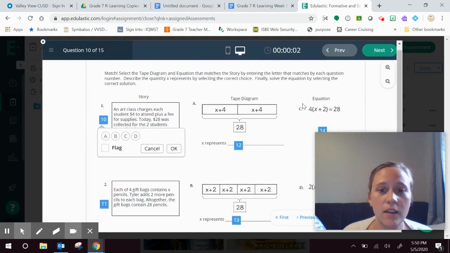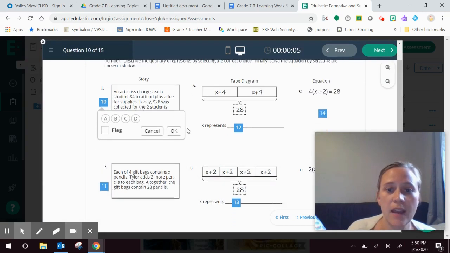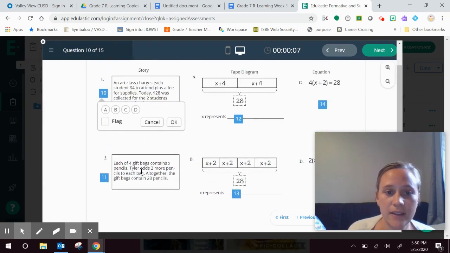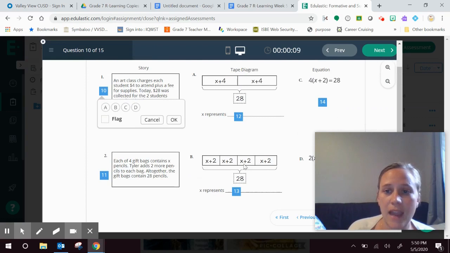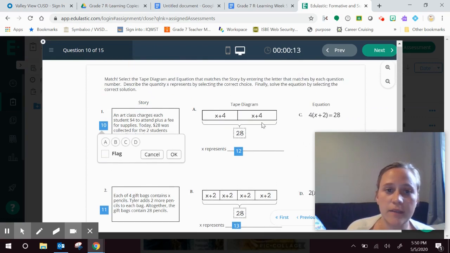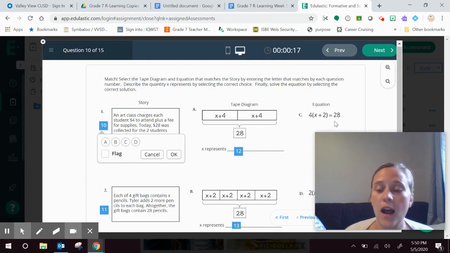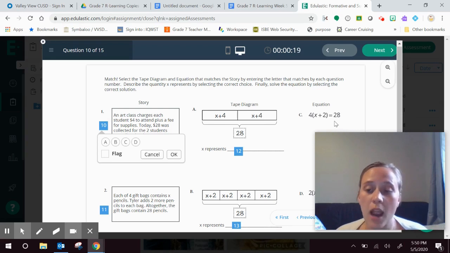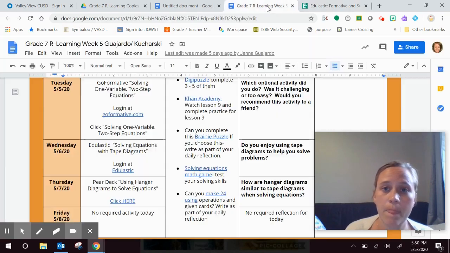Then you do the same thing again. There's a 10 and 11, so 2 new stories, an A and a B for a tape diagram, and a C and a D for an equation. You just keep moving through, matching those, describing what X represents, meaning what it is in the story, and then solving for X.